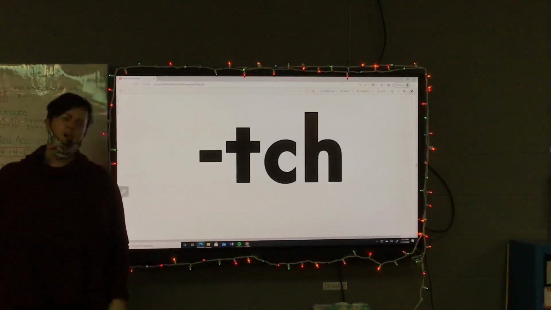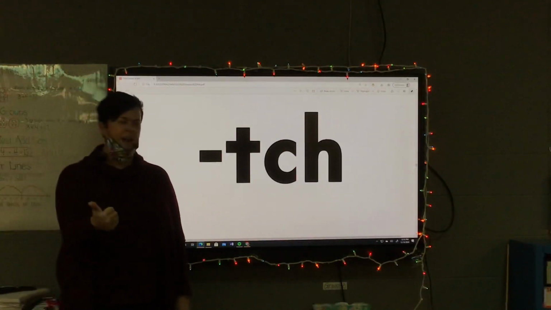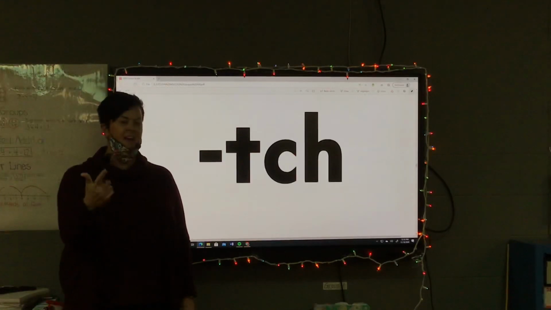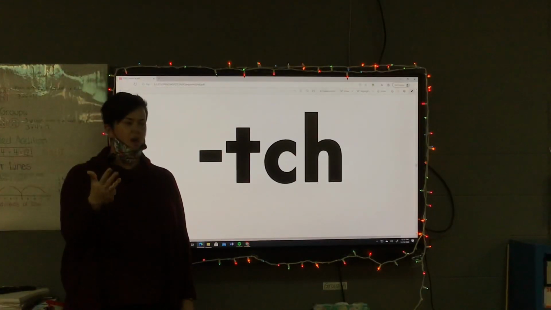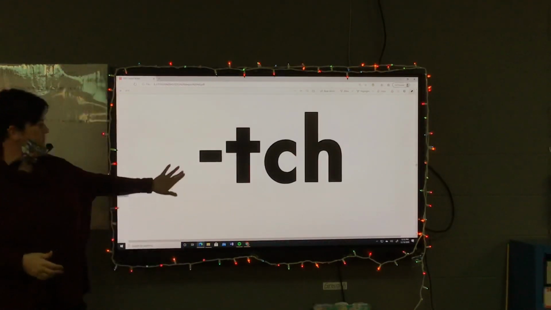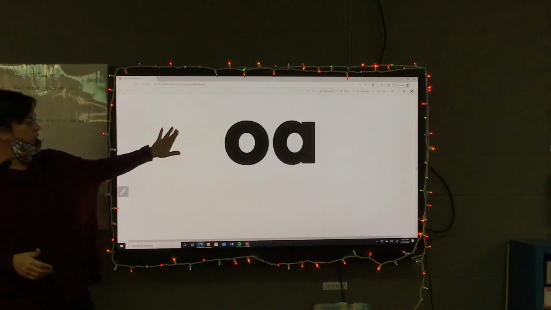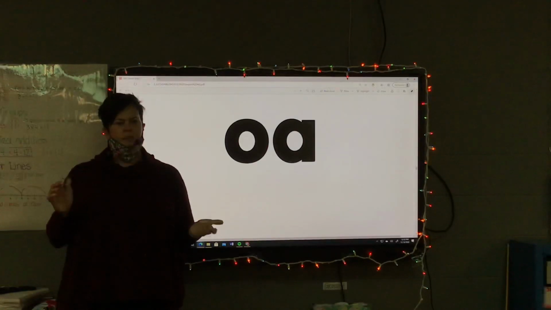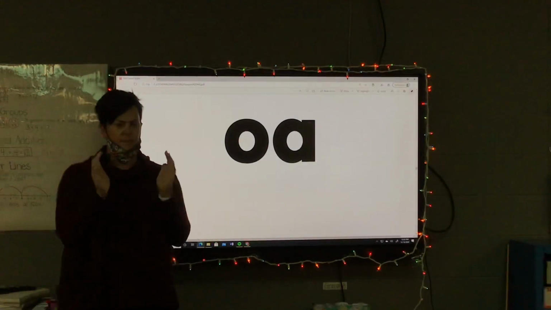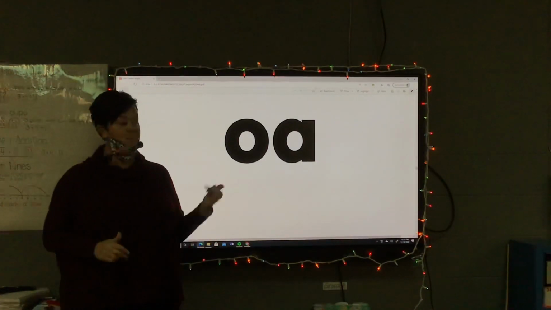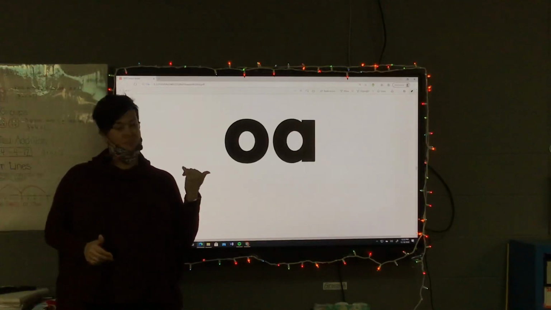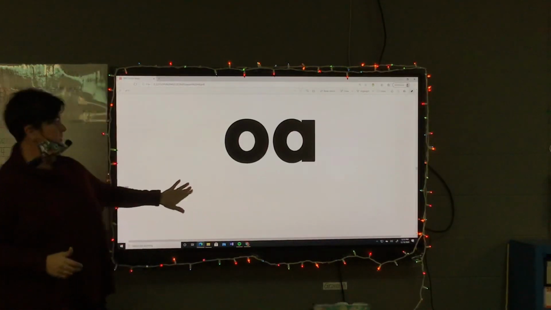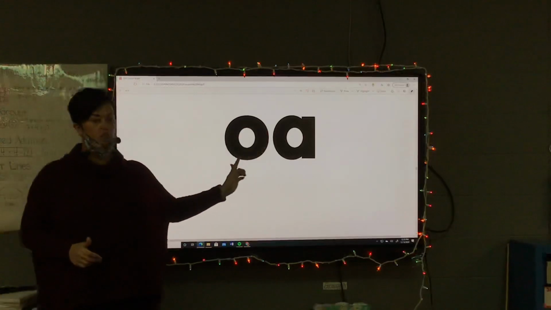And our short vowels say A, E, I, usually found in a word? In the middle. It can also sometimes be at the beginning. Like in oat, like oatmeal.